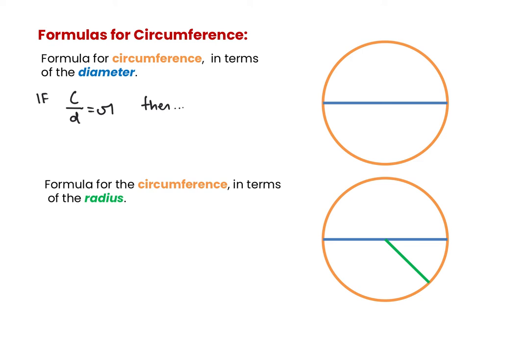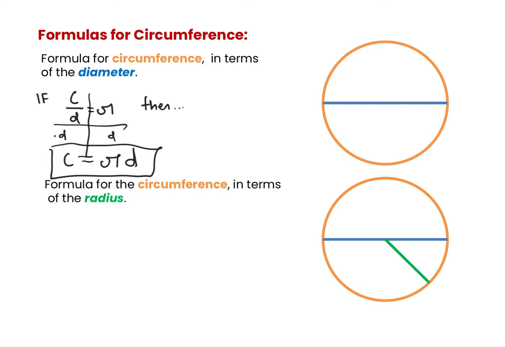If I do some algebra moves and multiply both sides by d, what I end up with is circumference is equal to pi times your diameter. So this is where we get our formula for circumference in terms of diameter.